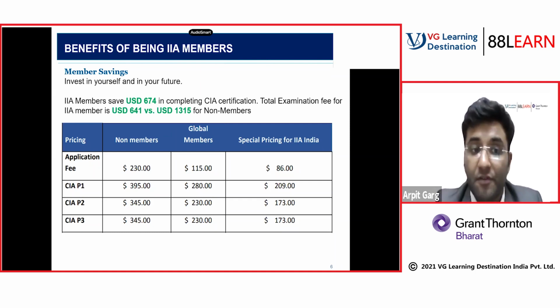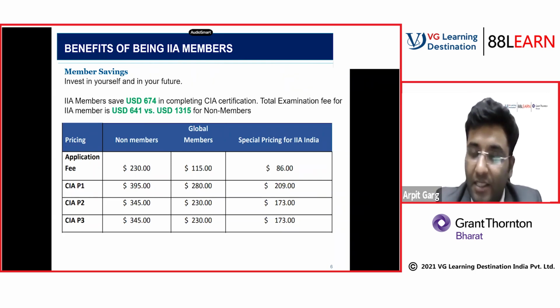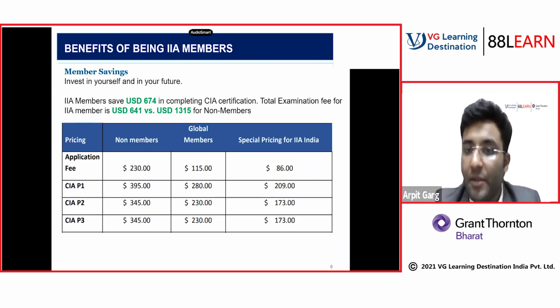For a non-member, the application fee for the program is $230, while the special pricing for IIA India is only $86. Similarly, the part-wise examination fee is $395, and the special pricing for India is $209. So with that you will save $674, which is a significant value.